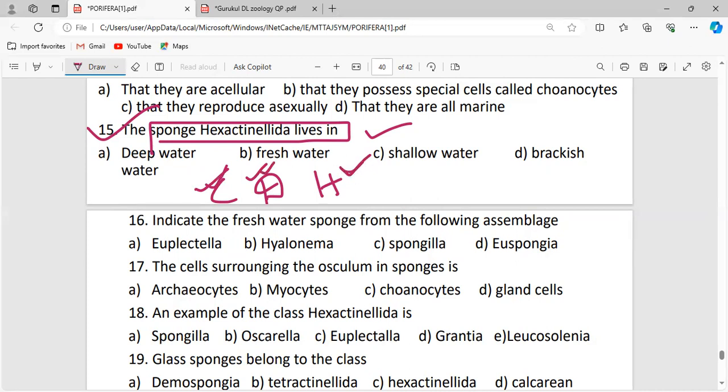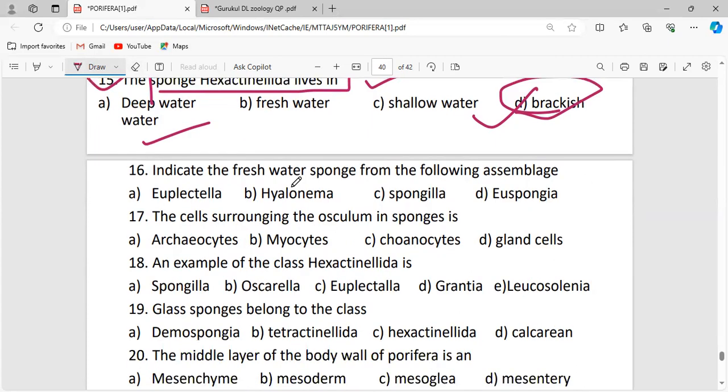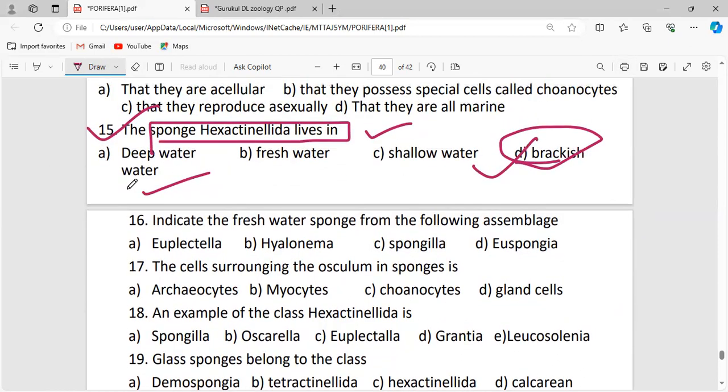Like that, I have explained very clearly. And what does it mean? It is in the brackish water. Okay, it lives in brackish water. Don't worry, I didn't explain brackish water. Also, it has the capacity to live in deep or shallow. Just verify in the PPT.